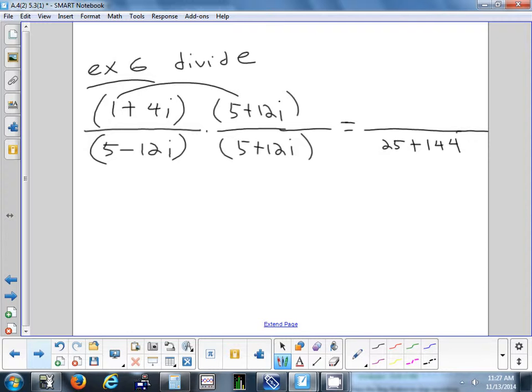So 1 times 5. 1 times 12i. 5 times 4i. Some people do that part in their head. They combine the 12 and the 20. That's fine if you want to do that. Let's do this part out. When you simplify 4i times 12i as much as you can, what do you get?